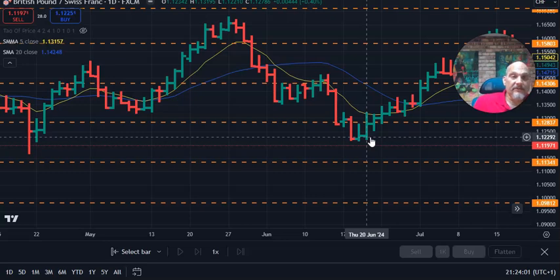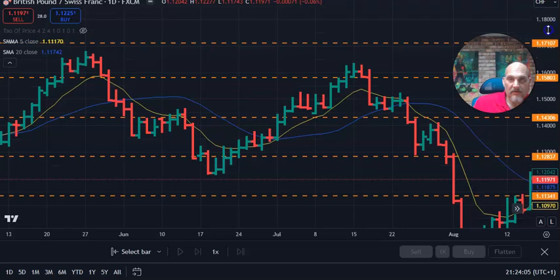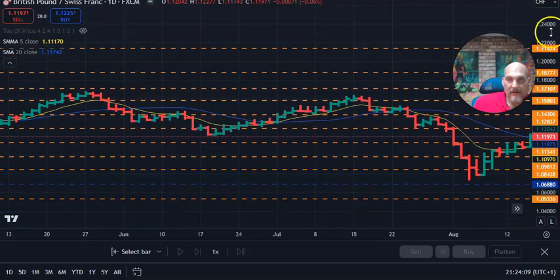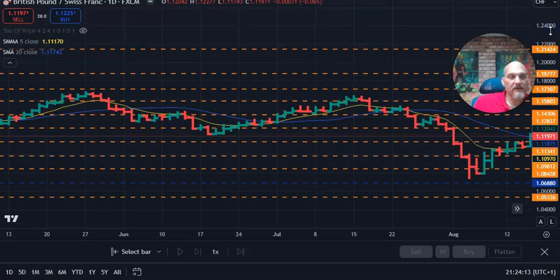So I'll leave you with that. Check out the numbers. They're all here for you. Let me crunch it all down so you get them all. Those are all the trend reaction numbers for British pound, Swiss franc for the time being.